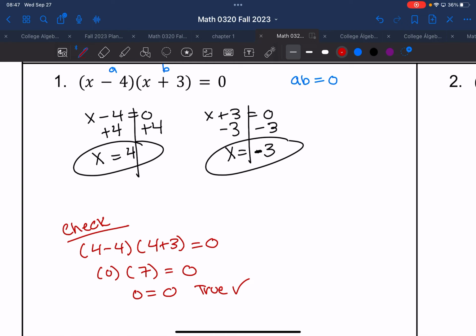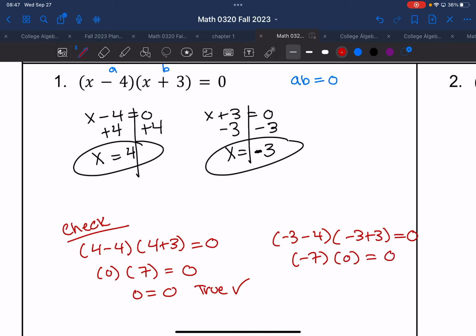And I can check for my other x value. So now I'm plugging in negative 3 for x. So negative 3 minus 4 and negative 3 plus 3 equals 0. Negative 3 and negative 4 gives me negative 7. Negative 3 and positive 3 gives me 0.